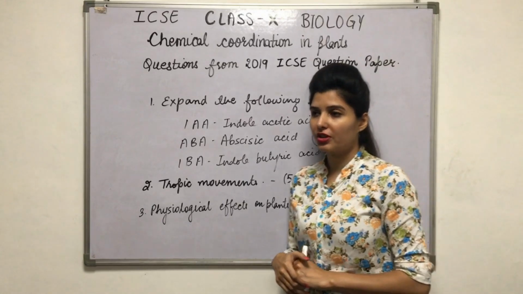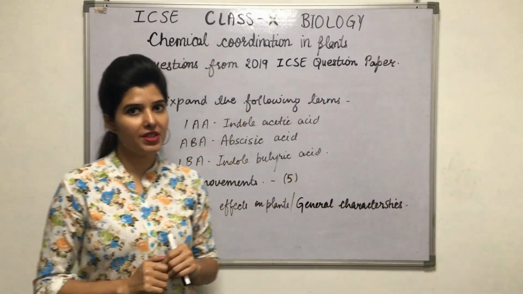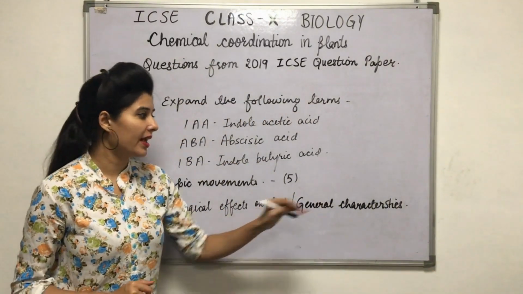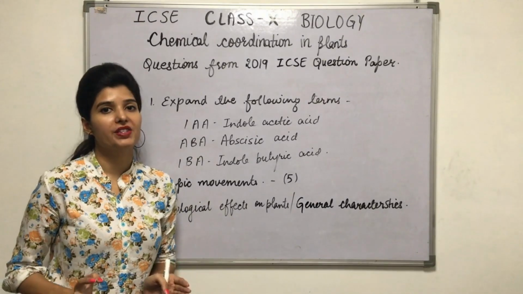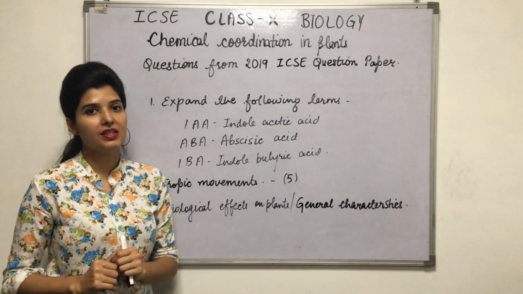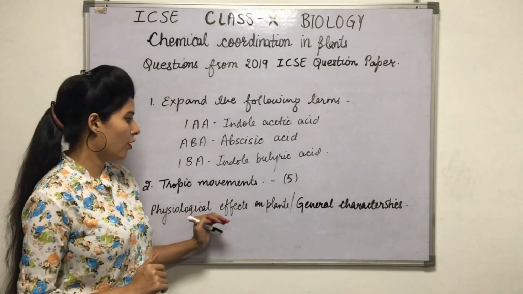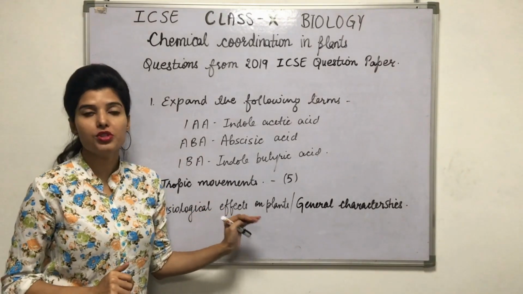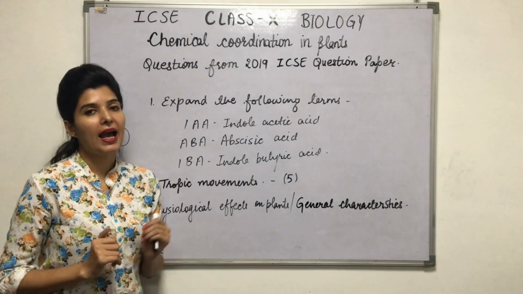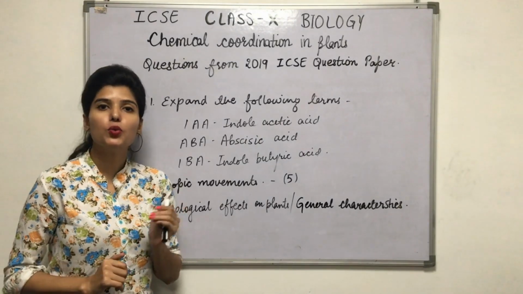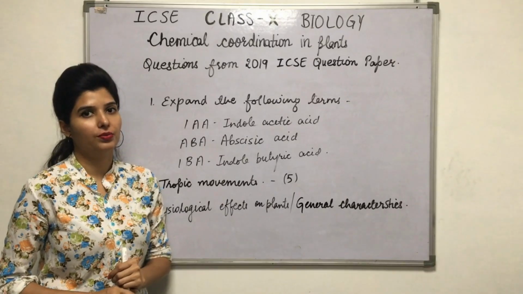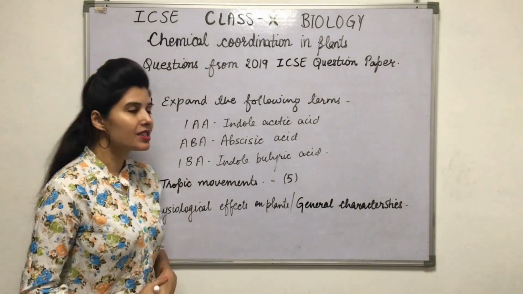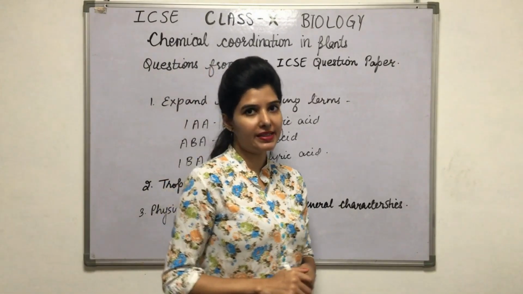The third type of question that we find important from this chapter is general characteristics. As you have seen in a tabular form, I have explained the general characteristics of all the hormones. So you have to go through it, and it is a must that you write 2 or 3 points about each hormone.